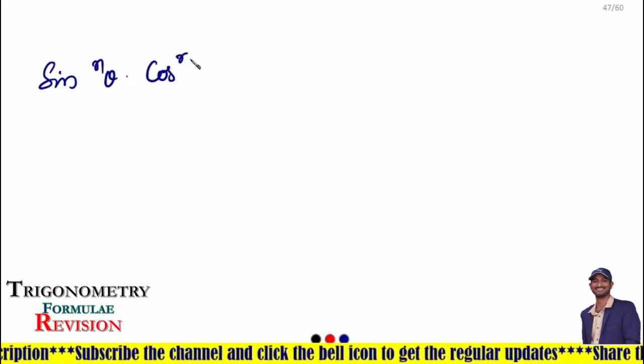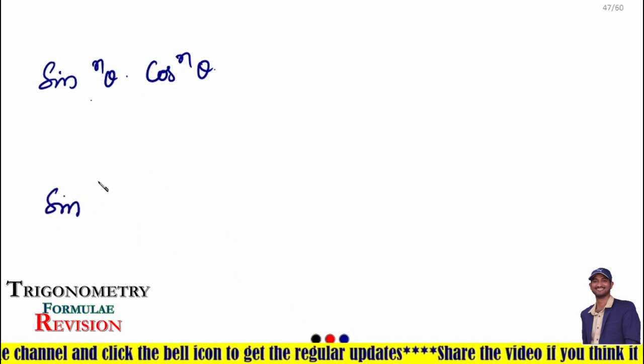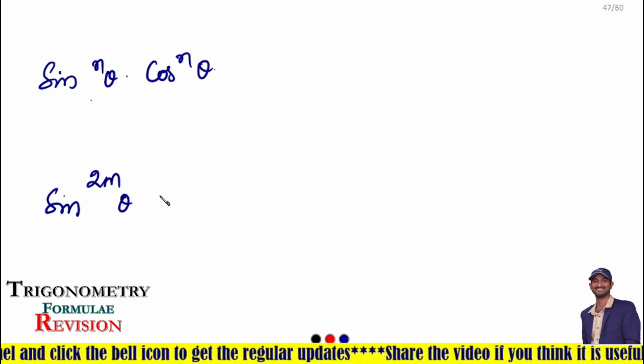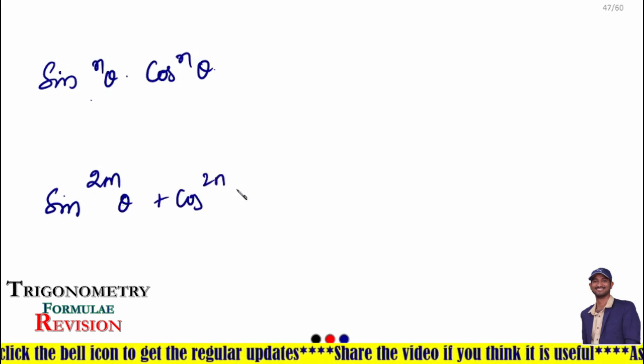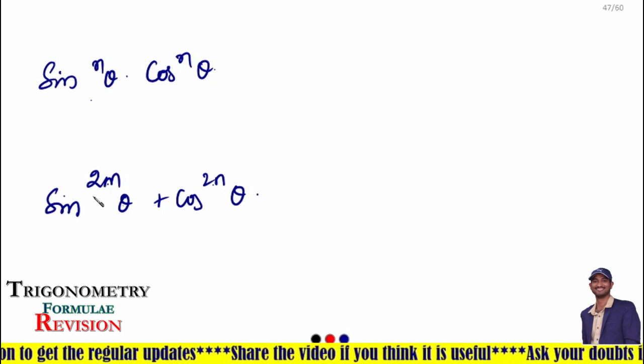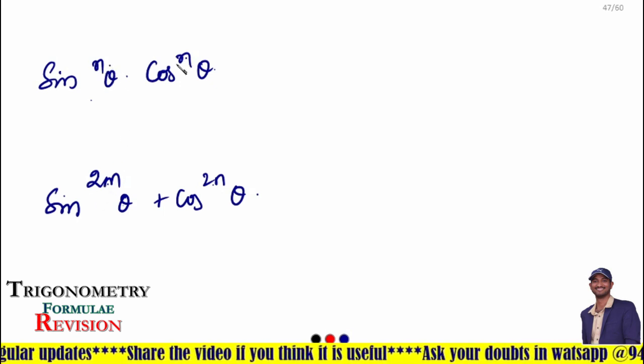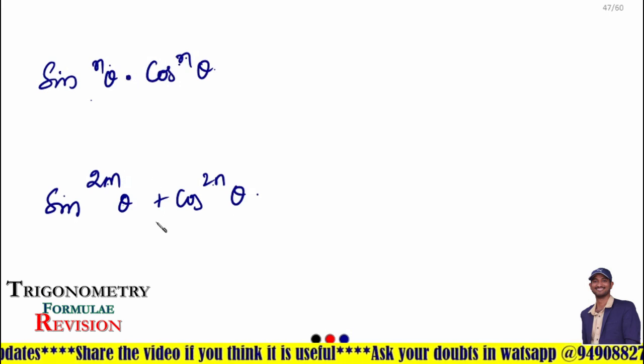Other type. Sin power n theta, cos power n theta. Multiplication of sin power n theta and cos power n theta. And sin power 2m theta plus cos to the power of 2n theta. Here powers are different but should be even powers. Here powers are same and multiplication. Here addition.